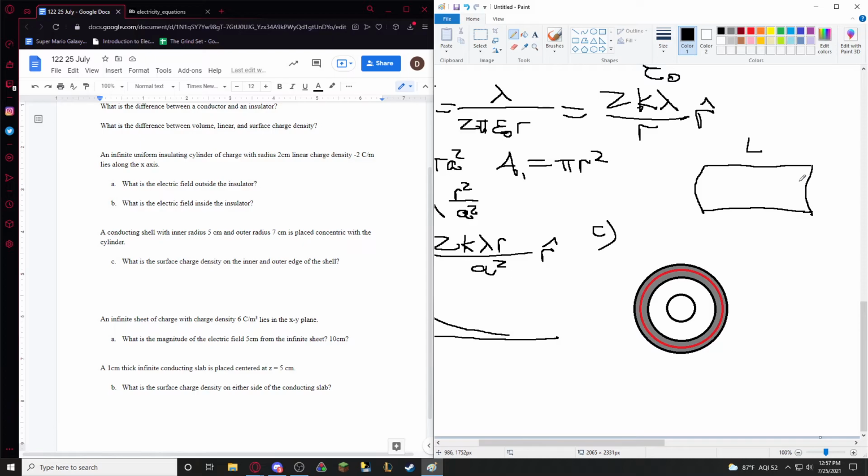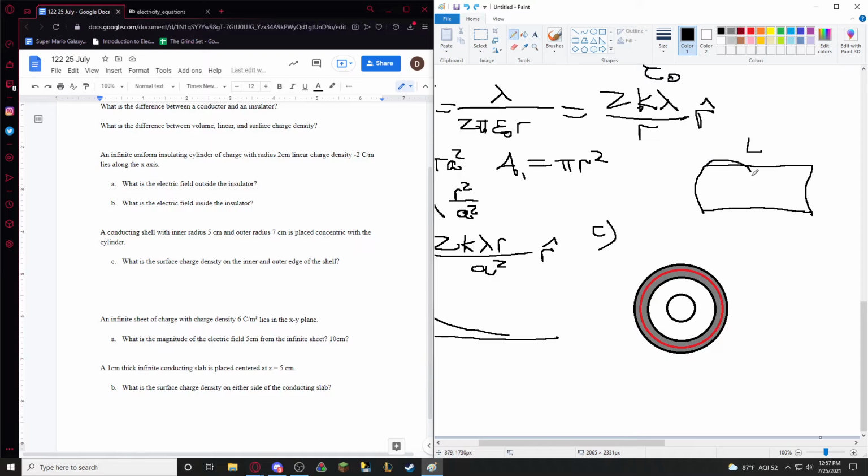So we have a lambda, which is negative lambda naught, but lambda naught is negative, so it becomes positive. What's the total charge on the entire part of this inner shell? The total charge of the conductor? Yep. No, for just the inner shell. We're not worried about the outer shell. Oh, okay.